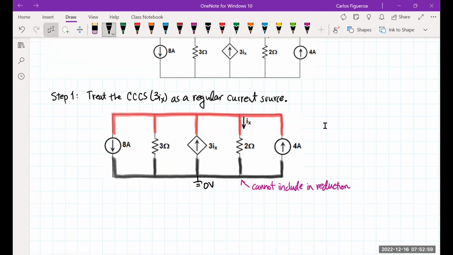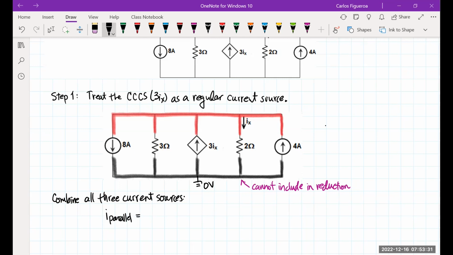Now I'm going to combine all 3 current sources. When I do that, I'm going to have a parallel source current, and I'm going to assume that it follows the direction of 3ix.